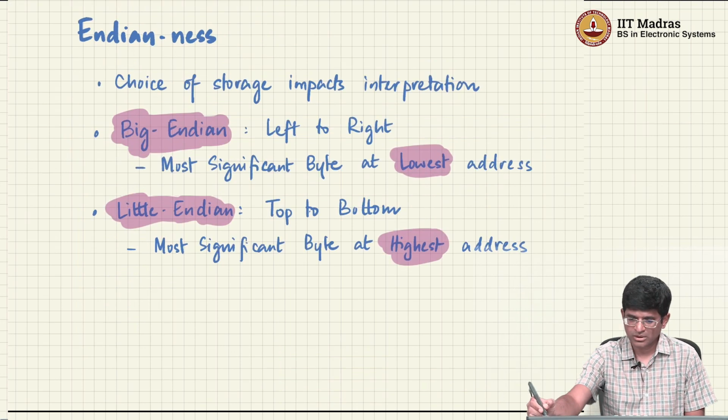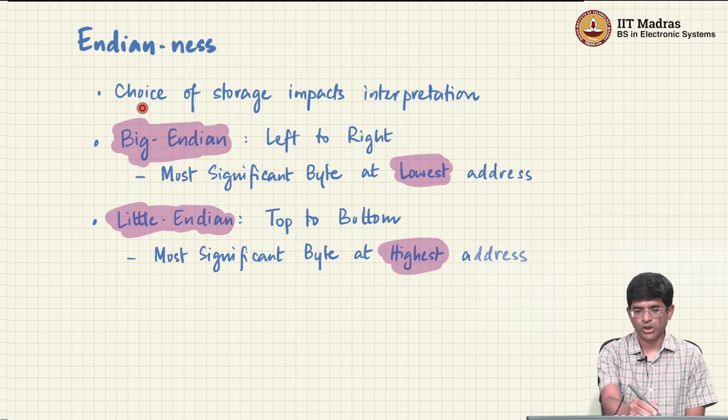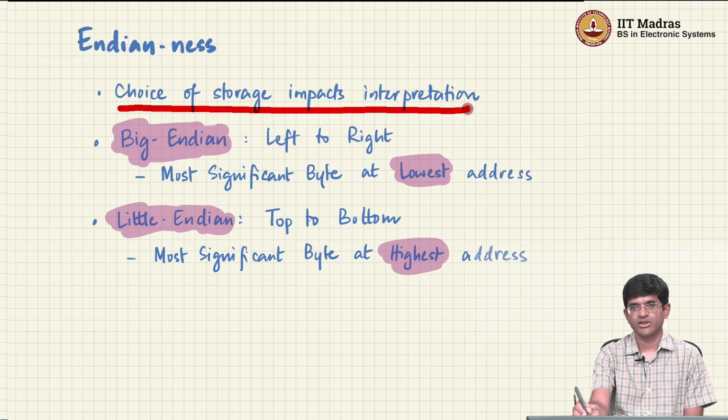So this in fact led to a lot of discussion, and why it is important is because which option we choose determines how we interpret what we see in memory, right.